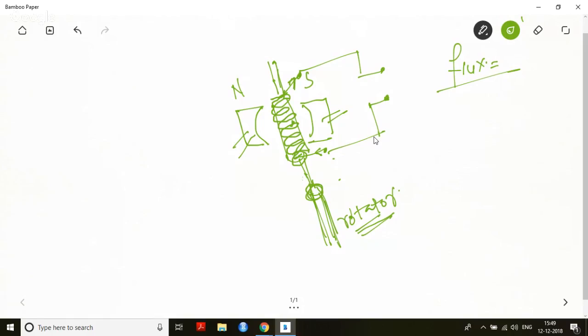Okay, here where are the split rings? Can you just, okay, fine. In motors, right? Here the split rings and all.